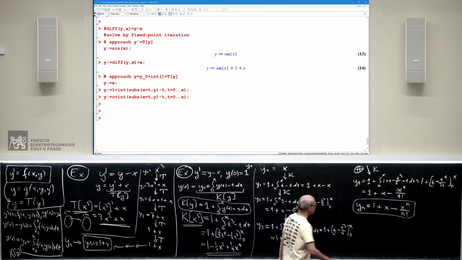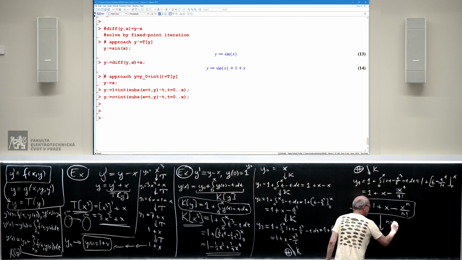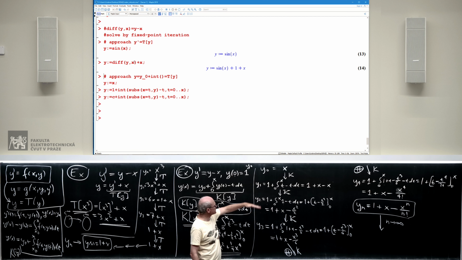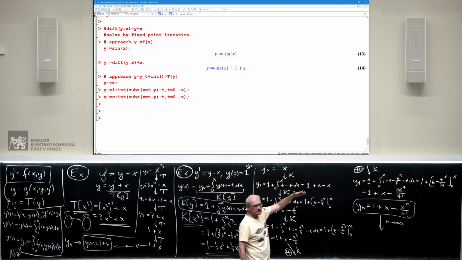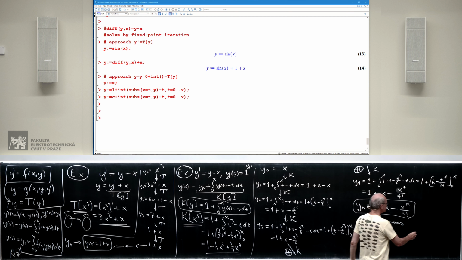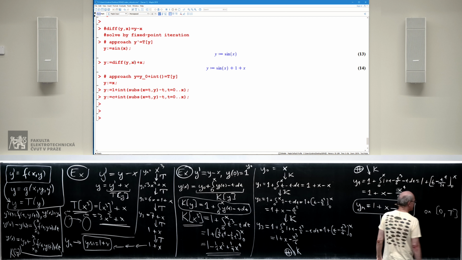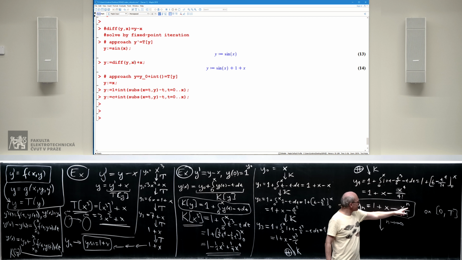Now, key question, what happens when we send n to infinity? I have a sequence of functions. So I'm asking for convergence of functions, and this is always done on some interval, on finite intervals. And over here I have a power divided by factorial, and it's a known fact that as a function this disappears on finite bounded intervals.